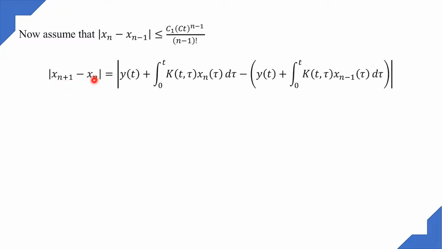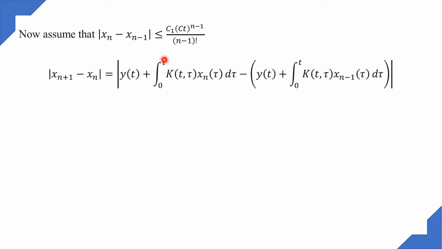The absolute value of x(n+1) minus x(n) can be written as: x(n+1) is y(t) plus the integral from 0 to t of k(t, τ) xn(τ) dτ, minus xn(t), which can be written as y(t) plus the integral from 0 to t of k(t, τ) x(n-1)(τ) dτ, so that y(t) will get cancelled.